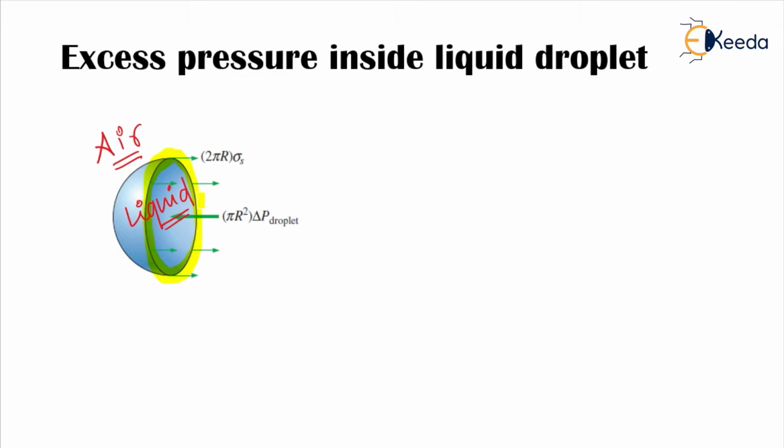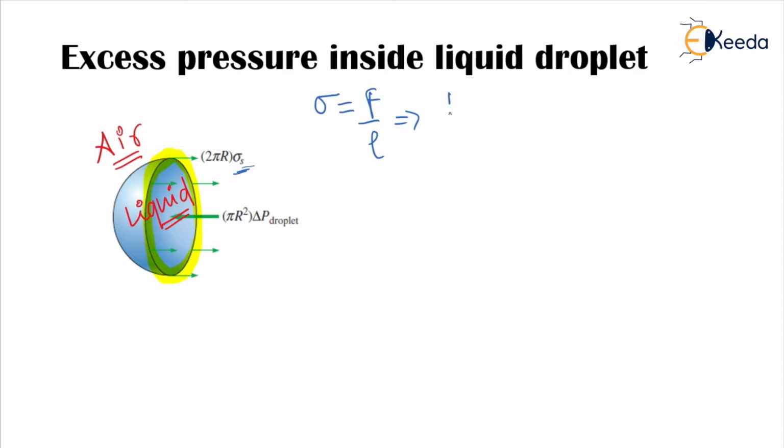If we talk about this interface, definitely there will be surface tension acting. The surface tension should be multiplied by the length upon which it is acting, then it will give you the value of force. We know that sigma is equal to force per unit length.